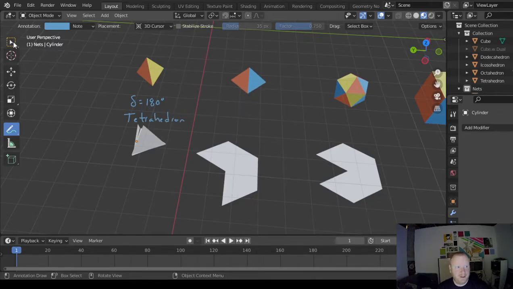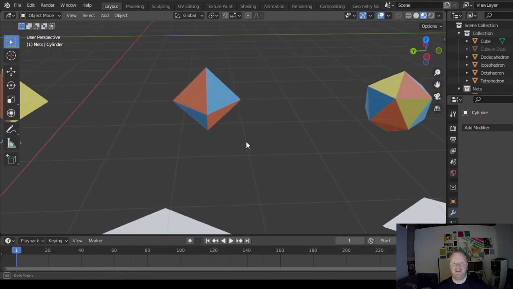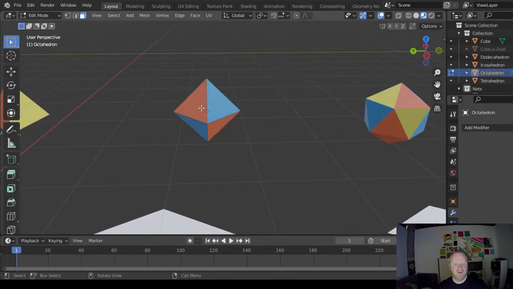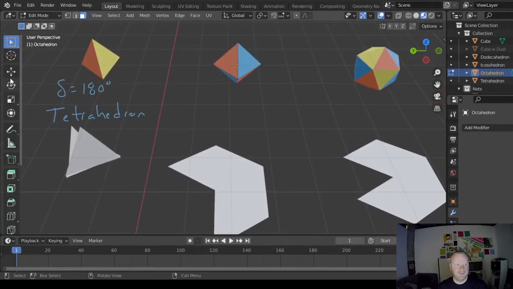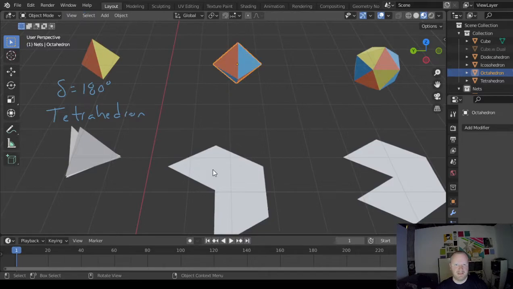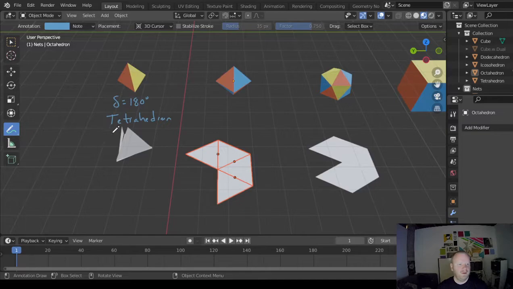This one here is made up of, if we look at what's happening at each vertex, 1, 2, 3, 4 equilateral triangles this time around. So 1, 2, 3, 4. And that's represented here as well. In the net, we've got 1, 2, 3, 4. And so our gap here, this gap, is less than 360.